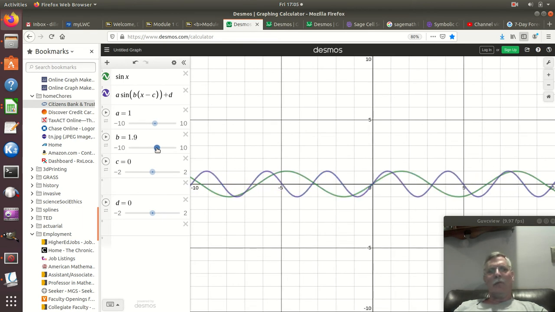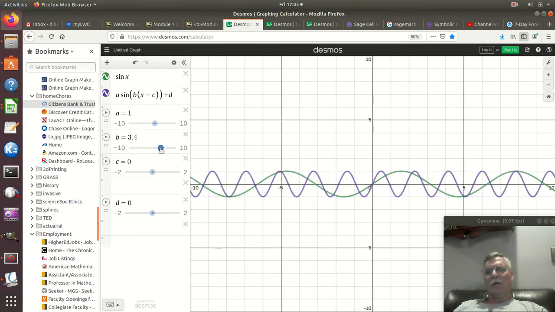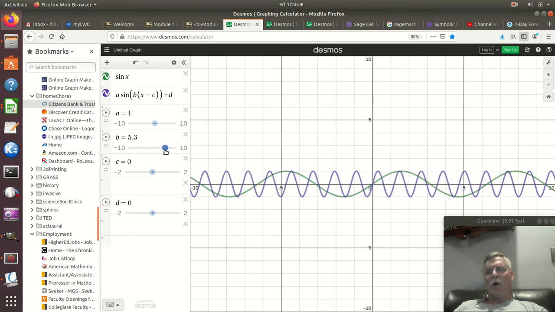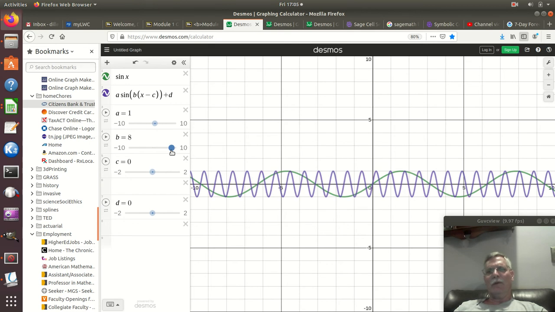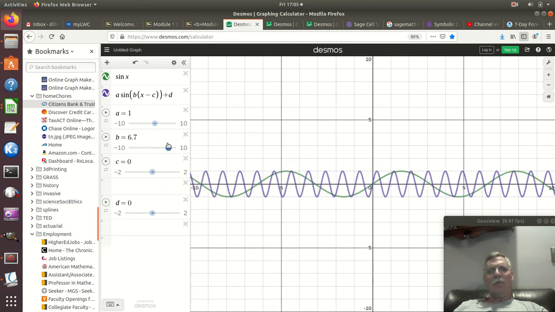Now, as I make B bigger, it squashes the curve, and we can see that. And so a bigger B inside here makes it skinnier, so to speak. You've kind of taken everything and squished it together.